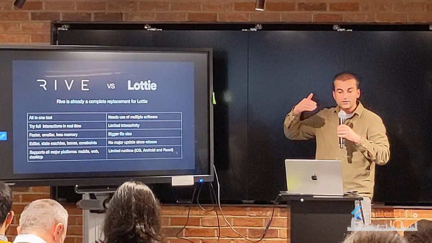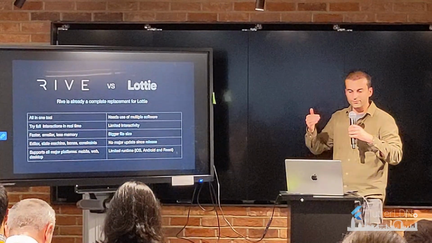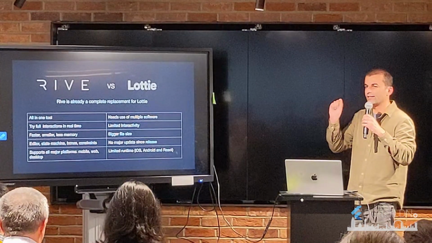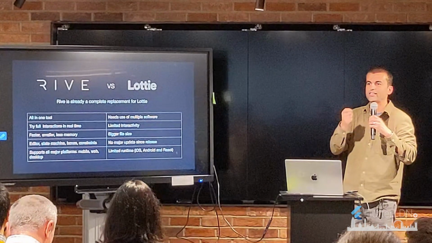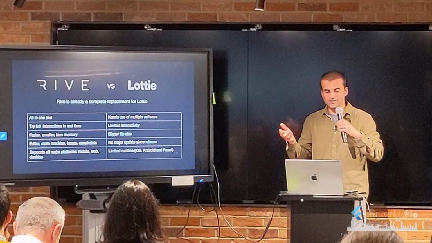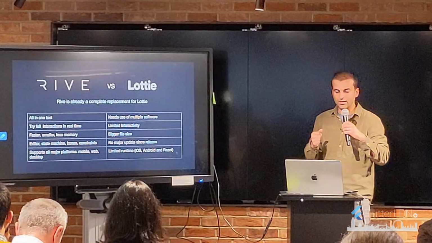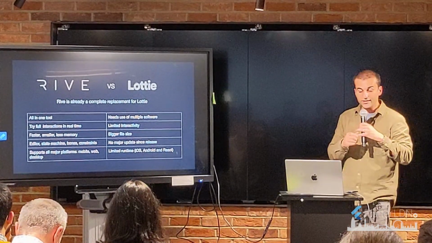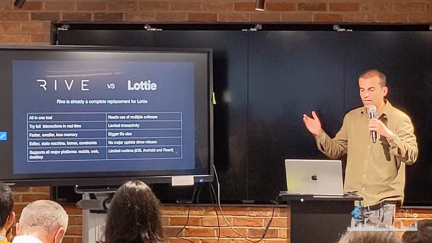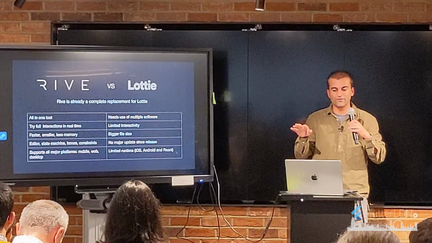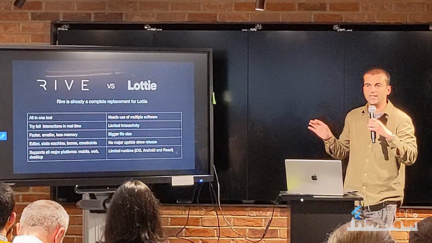Rive is solving a complex problem, is an all-in-one tool, and tries to be fully interactive, because with Lottie you cannot test your interaction. You have to export and test it on the real device. Rive is faster, smaller, and has a lower memory footprint, and has a lot of features like the editor, a state machine, bones, and constraints that you cannot find in Lottie, and supports all major platforms, while Lottie just targets React, iOS and Android.